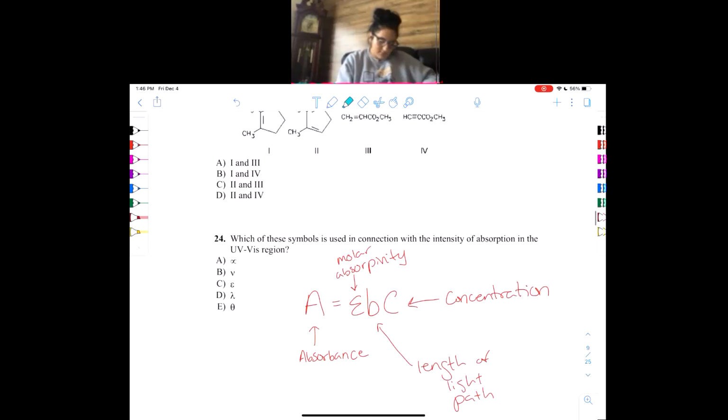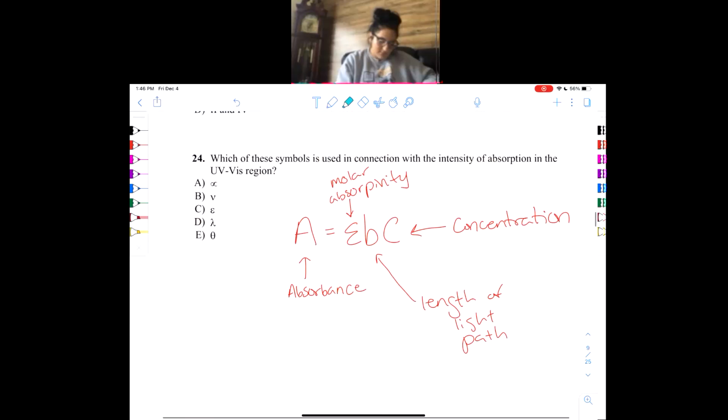Okay. So I want to go over this one because I don't believe we talked about it, but this does usually show up. So it's a really easy question. I don't want you to get it wrong. So if he asks you for this intensity of absorption stuff, he's referencing Beer's law, and you don't really need to know anything about Beer's law besides what each of these signals mean.